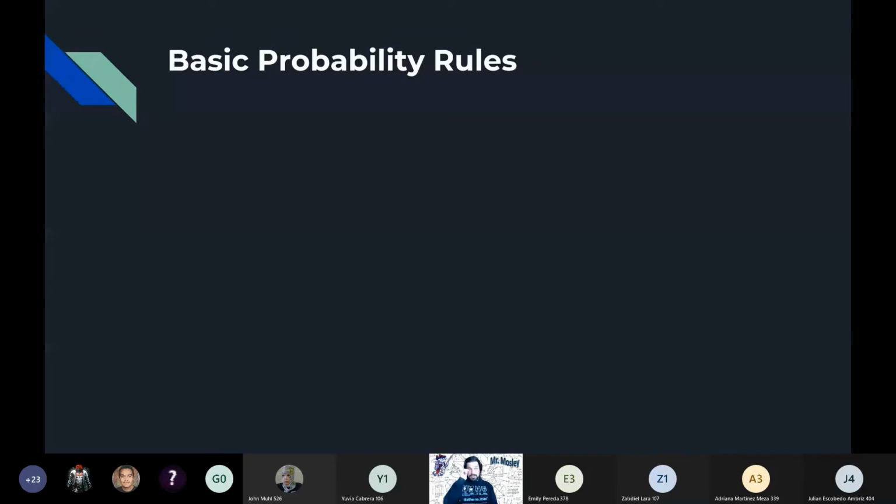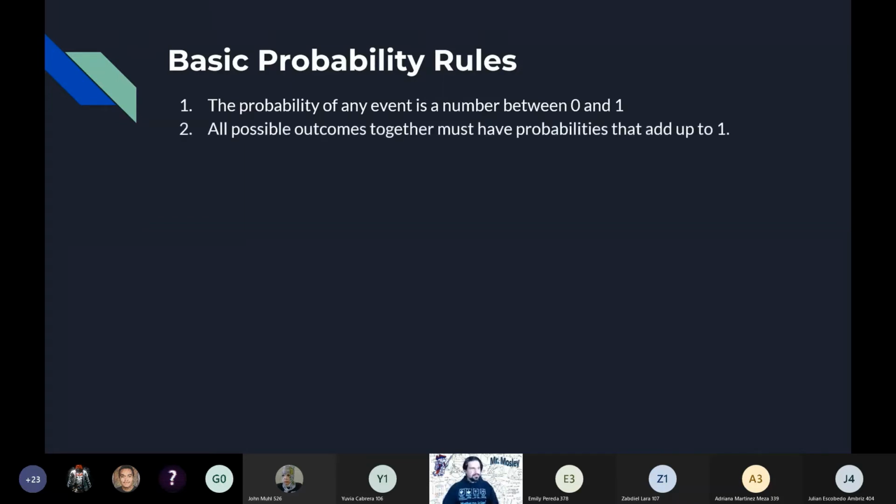So this leads us to our basic probability rules. Number one, the probability of any event is a number between 0 and 1. This goes back to our original definition of probability, right, on that scale from 0 to 1. All possible outcomes together must have probabilities that add up to 1. Otherwise, we forgot something.